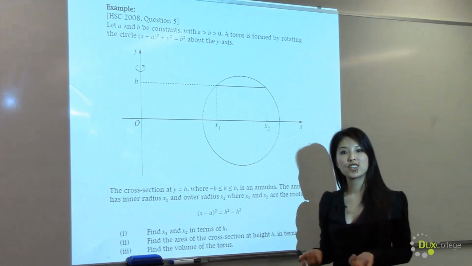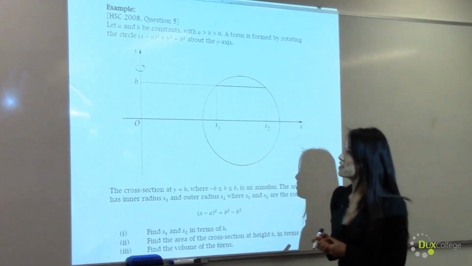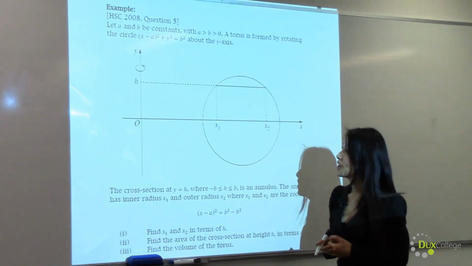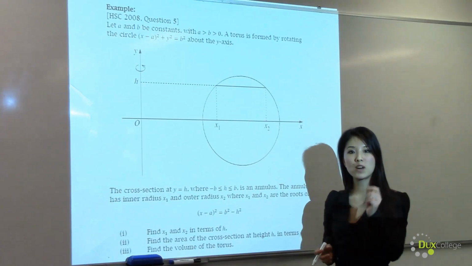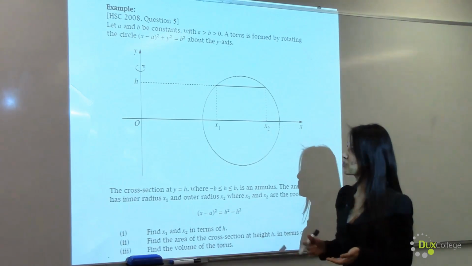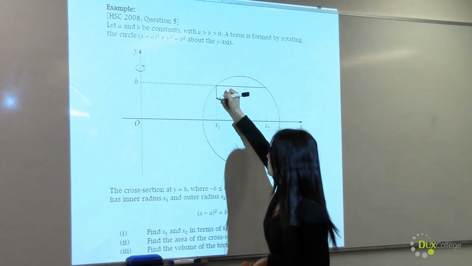Okay, let's do this question again using the cylindrical shell method. Now, as I mentioned to you before, in the cylindrical shell method, we are taking one slice that is parallel to the axis of rotation. So let's take one slice.